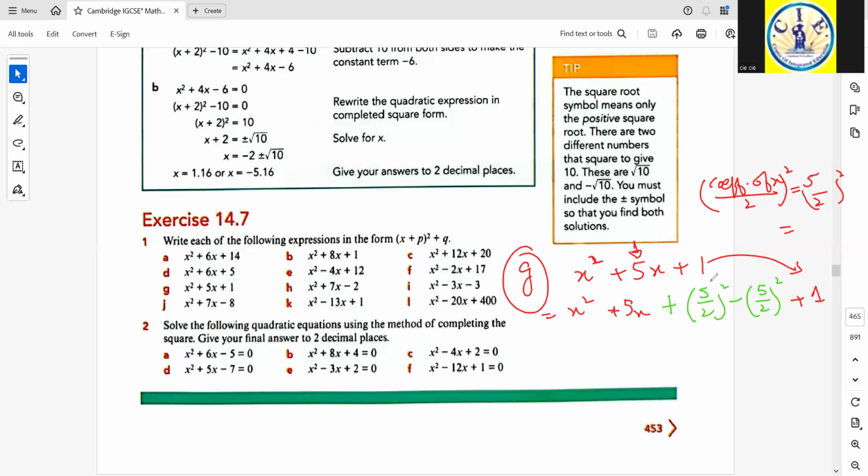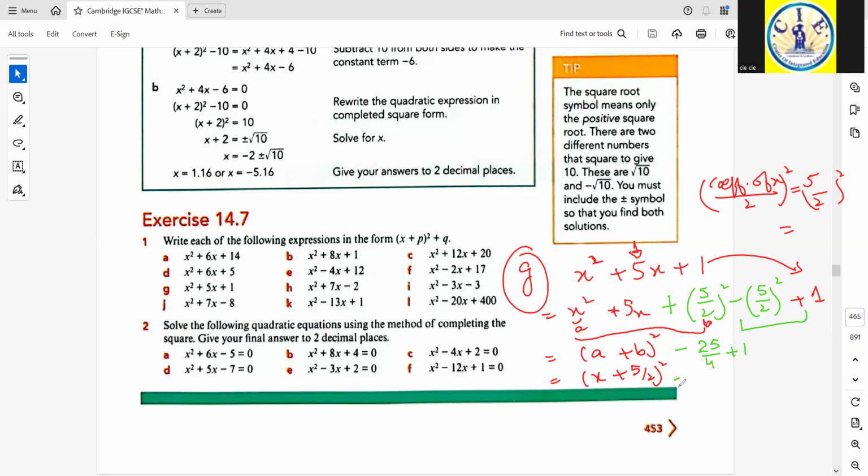Now this is the second term b, and this is the first term a. So the square would be a plus b whole squared, combining these three terms, which will obviously give us x plus 5 by 2 whole squared. And then these would be simplified together. That will give us negative 25 divided by 4 plus 1.